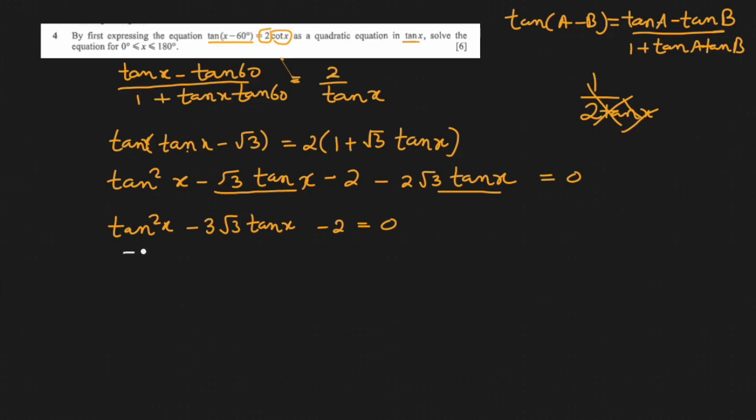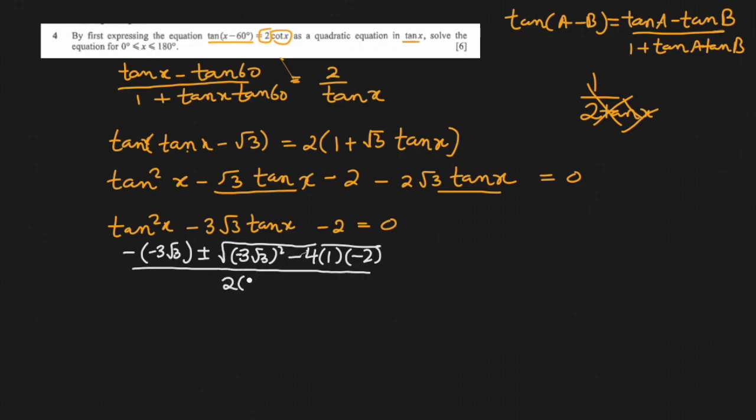So minus b, this is b for me, so minus minus 3 square root 3 plus minus square root of b square minus 4 a c, divided by 2 times a, which is 1 in this case, and this will be equal to tan x because I have taken tan x as the variable. Okay, so this becomes how much?